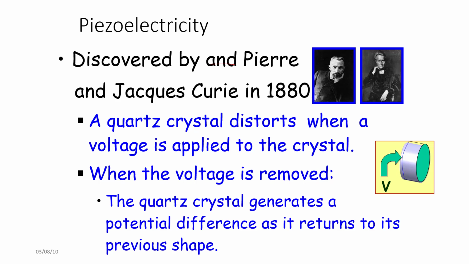So, in a certain sense, a potential difference would cause a mechanical change, and then a mechanical change will cause a potential difference. So, there is a feedback loop over here. This is something that can be made to work as a classic oscillator in an electronic circuit.